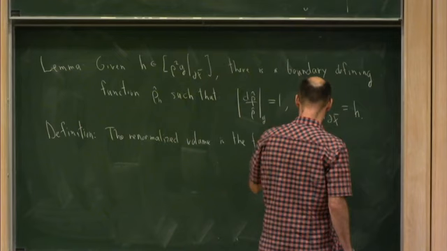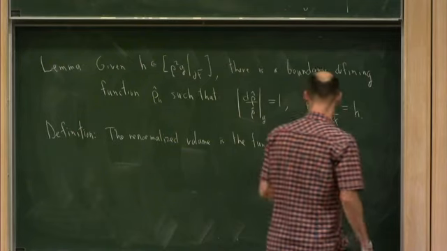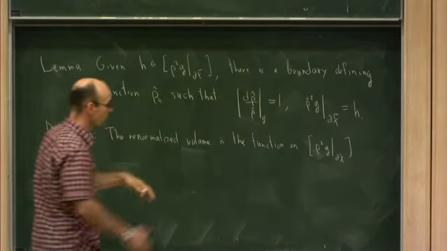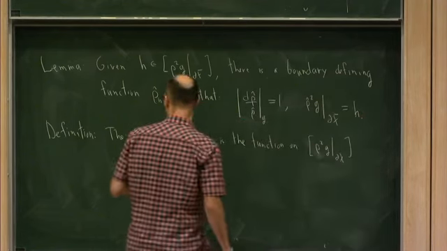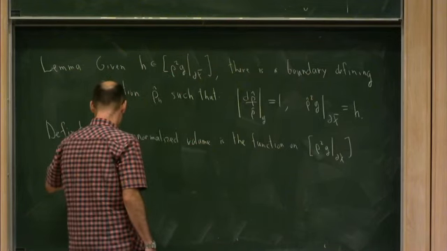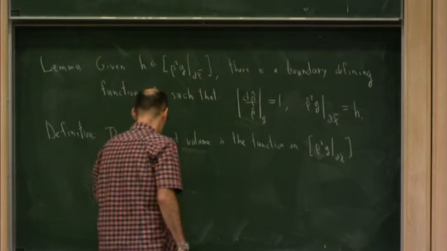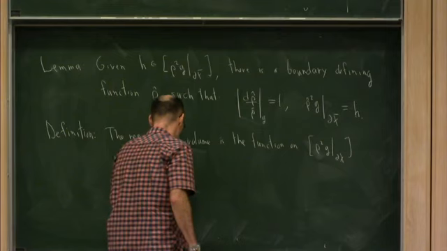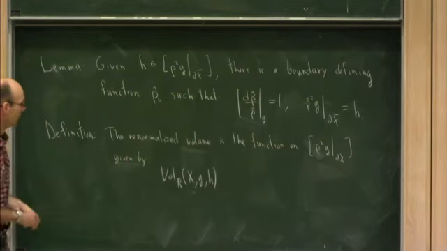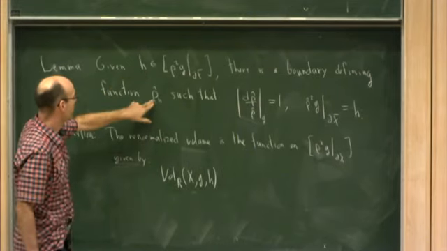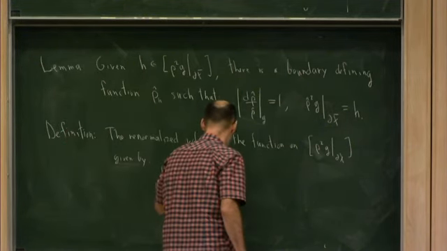It will depend on the choice of conformal representative. So it's a function on this element in this conformal class, given by, when I specify my conformal representative and I have the corresponding function, maybe I'll leave the h there.